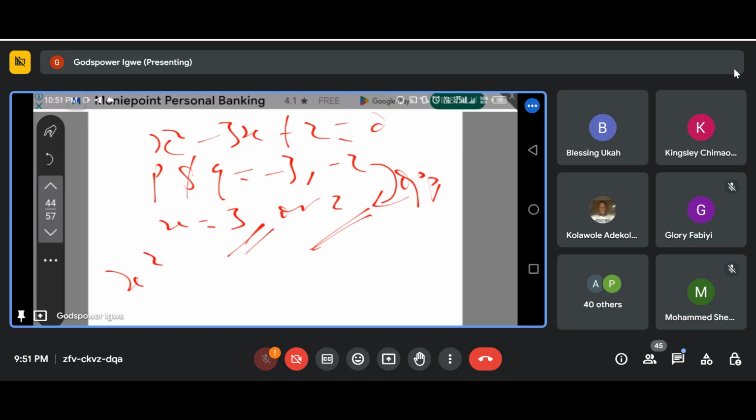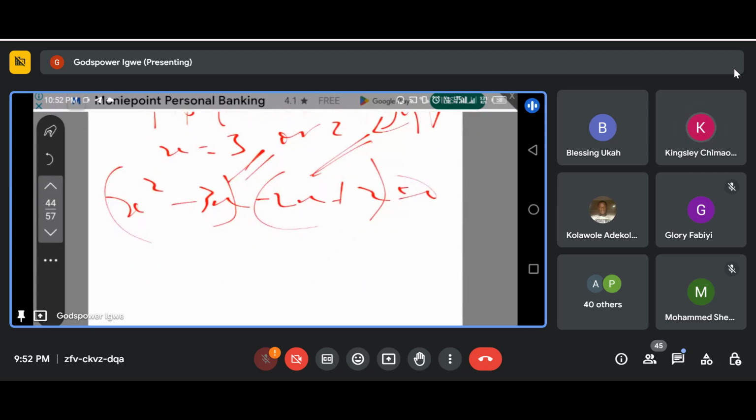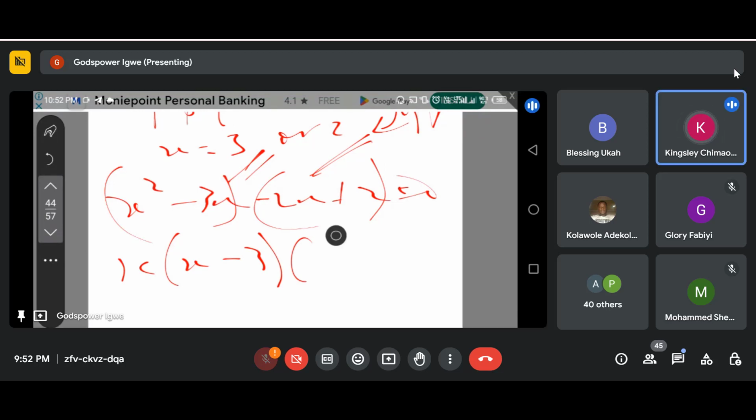So this is x squared, then -3x, then minus 2x, then plus 2 equal to 0. Then we take this 2, and this will be x, and this will be x minus 3.